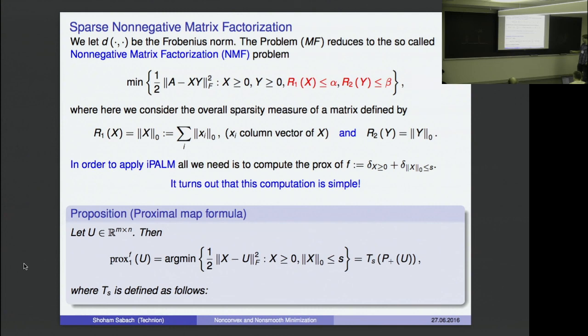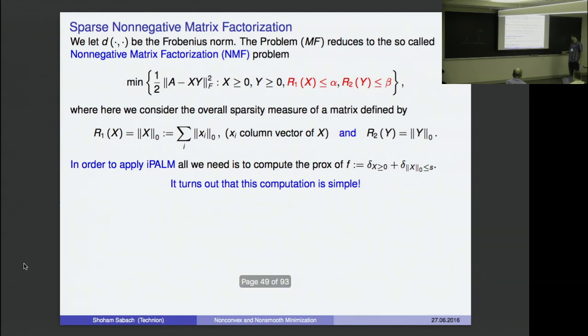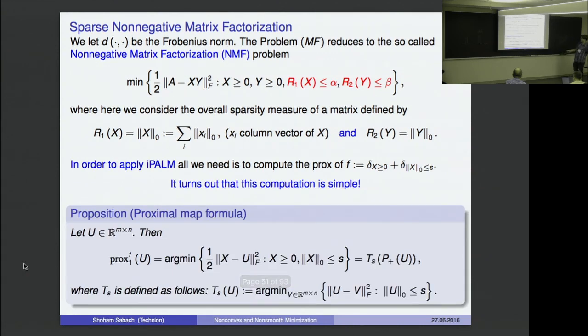First, you take the matrix and project it onto the non-negative orthant, which is a trivial task. You just cut the negative components. And then it's followed by a projection onto the L0 ball, which is defined by this optimization problem, but this can also be done very efficiently.